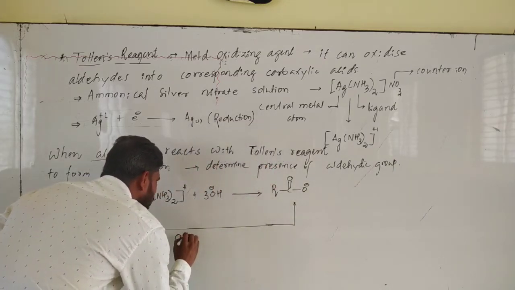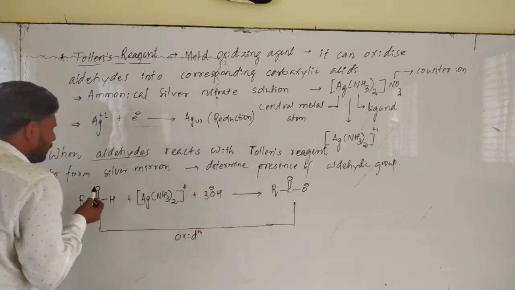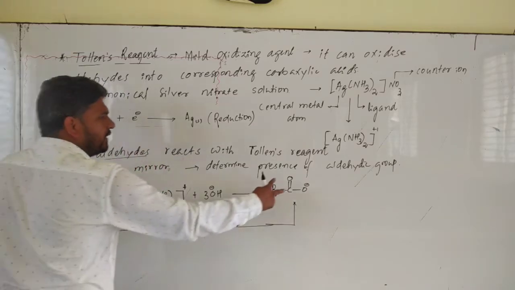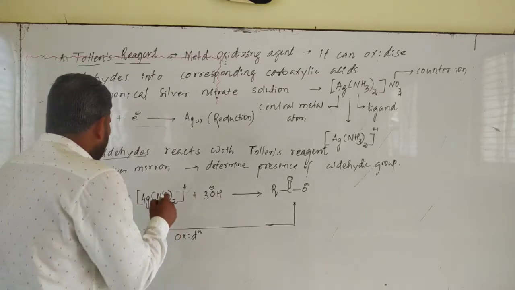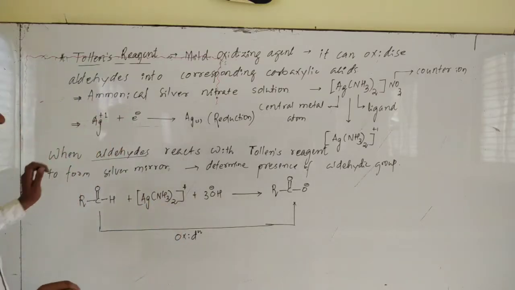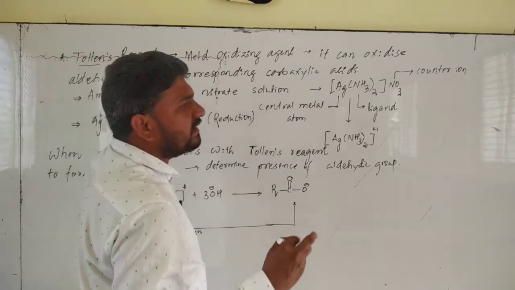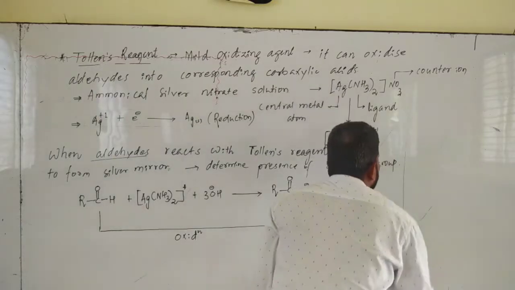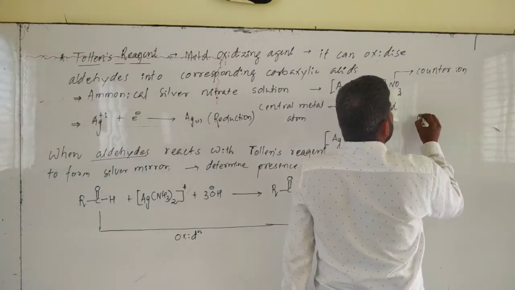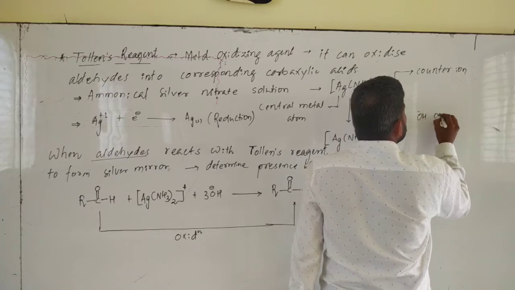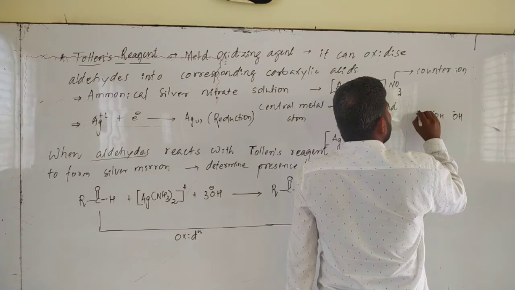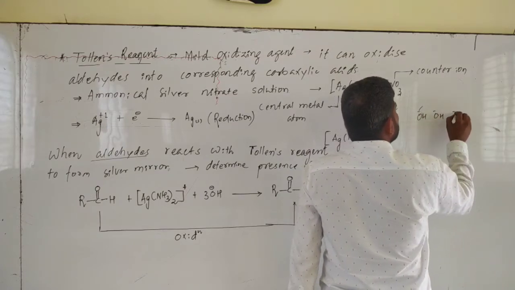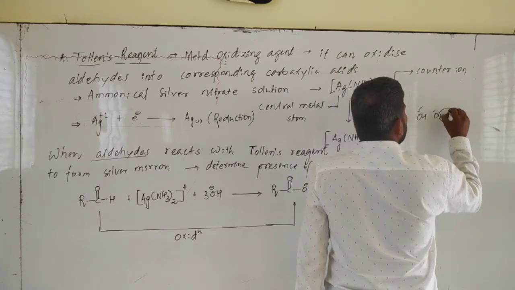Because you see, conversion of this aldehyde into carboxylate anion is an oxidation process. How? Over here, how many oxygens are there? 1. Over here, how many? 2. Addition of oxygen is known as oxidation. Now, see over here, how many OH minus ions are there? 3. This OH minus takes this H plus to become H2O.